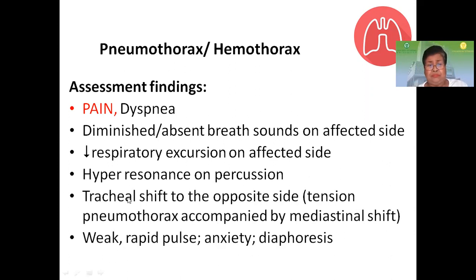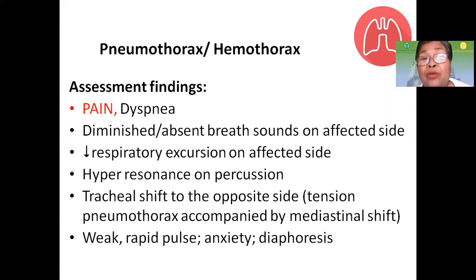Ayun, no? Tracheal shift to the opposite side. Contralateral. Tension pneumothorax accompanied by mediastinal shift. Okay, you will hear tracheal shift, which is si trachea, or mediastinal shift, si heart and major blood vessels. And of course, there will be weak, rapid pulse, anxiety, and diaphoresis. Okay, so they can go together.